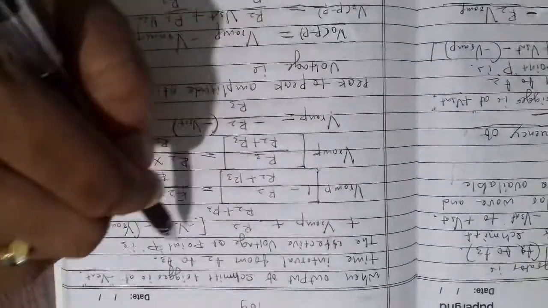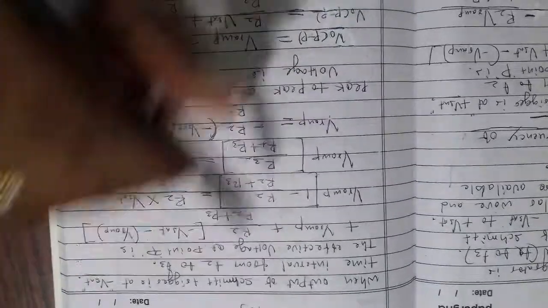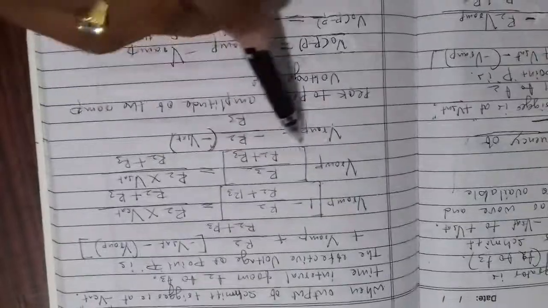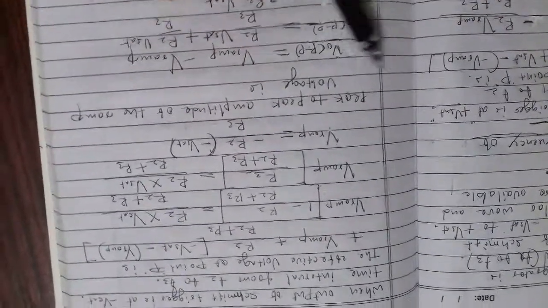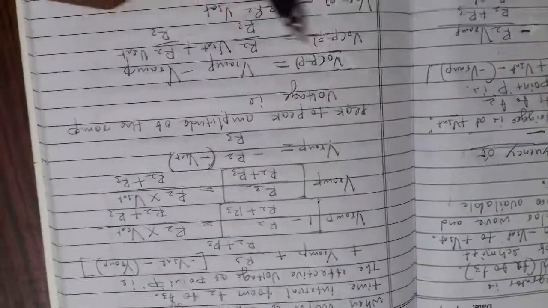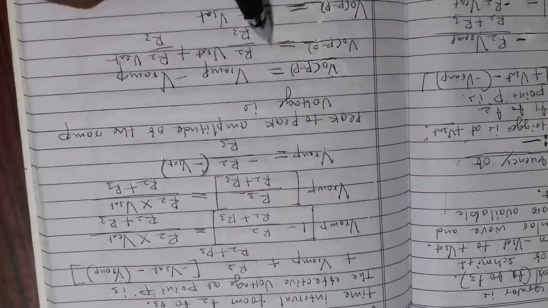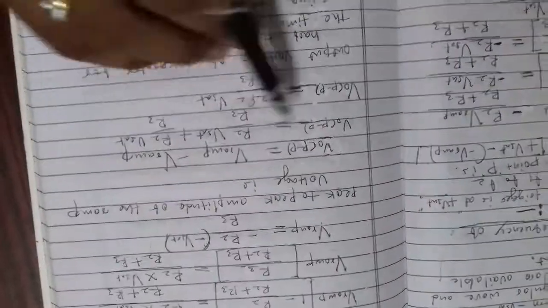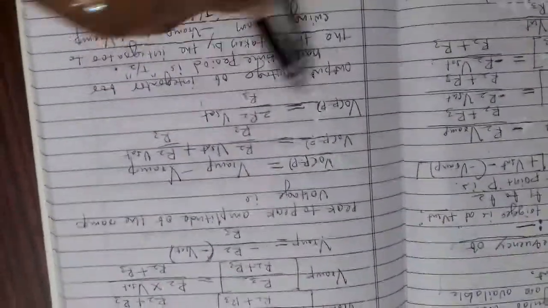The effective voltage at point P is equal to minus R2 upon R3 into V saturation. So the peak to peak amplitude of the ramp voltage, V ramp, is the positive ramp minus the negative ramp, equal to R2 upon R3 plus R2 upon R3 into V saturation. So the peak to peak voltage is 2 R2 upon R3 into V saturation.